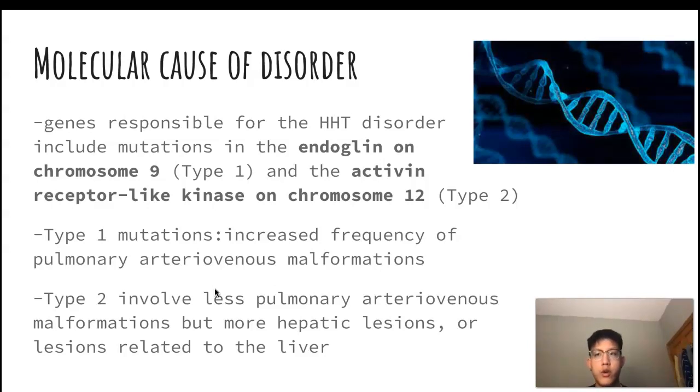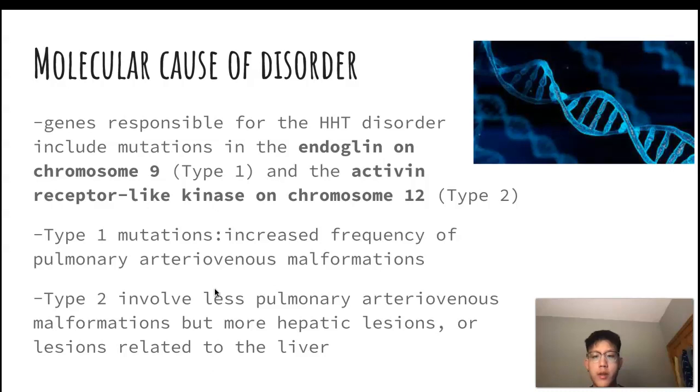And so HHT is caused by mutations in 5 different genes, but there are likely more genes that are yet to be discovered. So more information on the exact molecular cause and the mechanism is still yet to be uncovered.